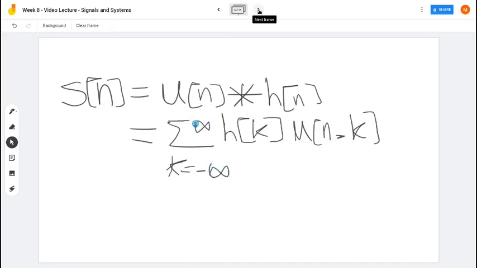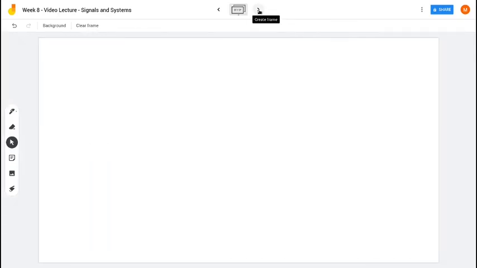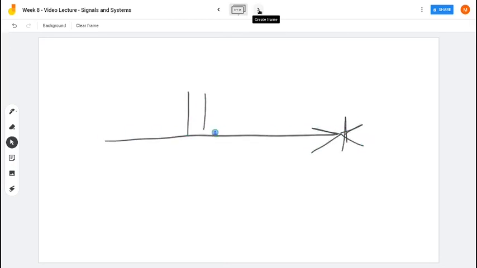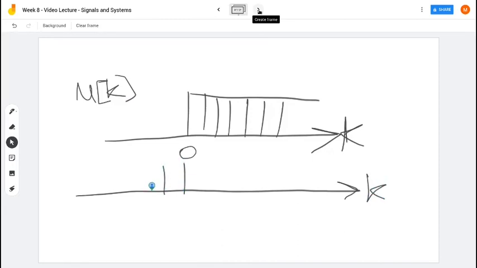So in order to understand how to compute this summation, let's first plot u of k. U of k is a unit step starting at 0 going up to positive infinity. This is u of k. Next we mirror u of k, it will be something like this, going from 0 up to minus infinity. This is u of minus k.